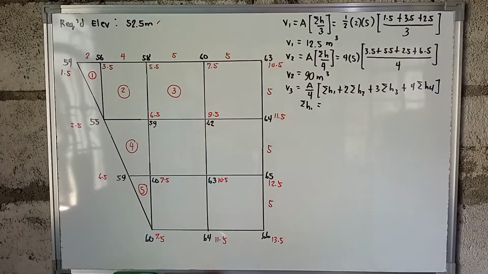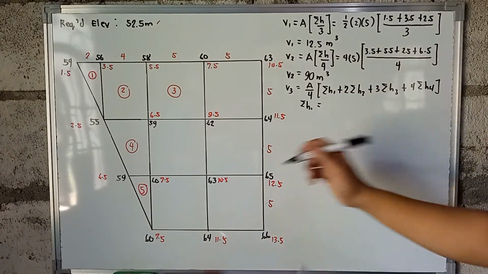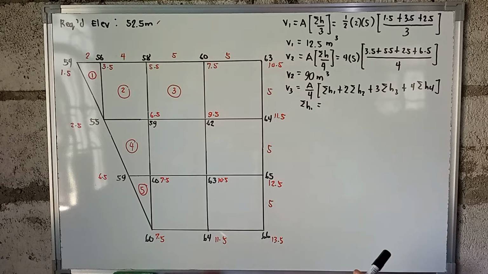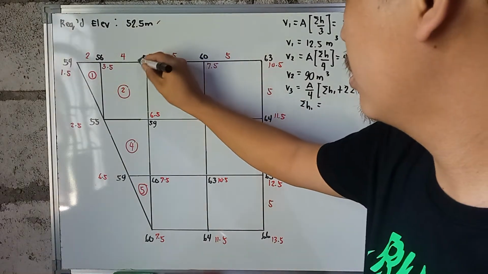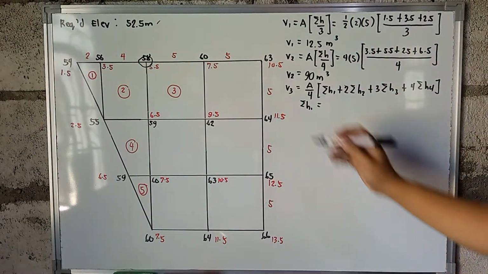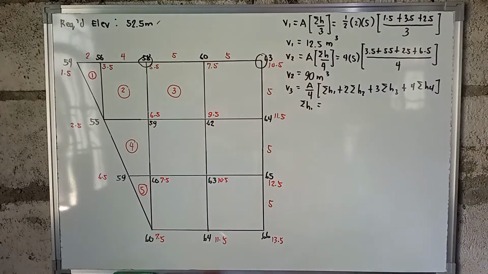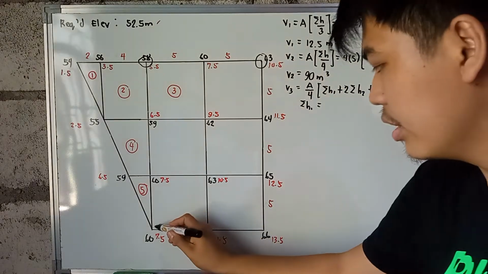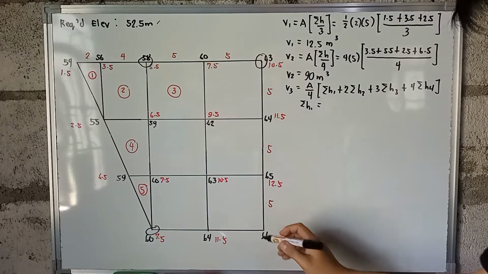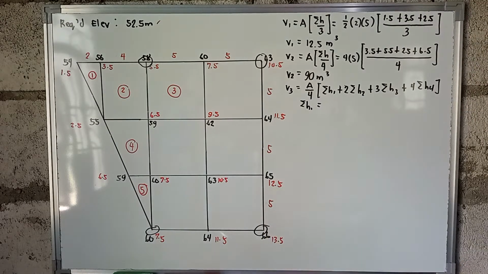So, kung makikita nyo, yung H1 natin, etong mga 5.5, 10.5, ano pa? Yung mga nasa dulo, 7.5, at saka 13.5.